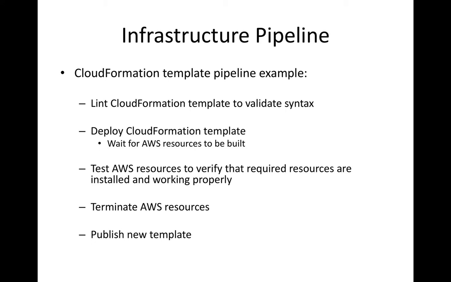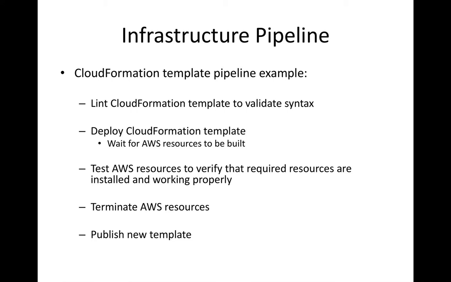Once the template creation completes, then the pipeline would test the AWS resources to verify that the correct resources were installed and that they're all configured and working together properly. Once those tests pass, then the pipeline would terminate that CloudFormation stack and remove all of those AWS resources.